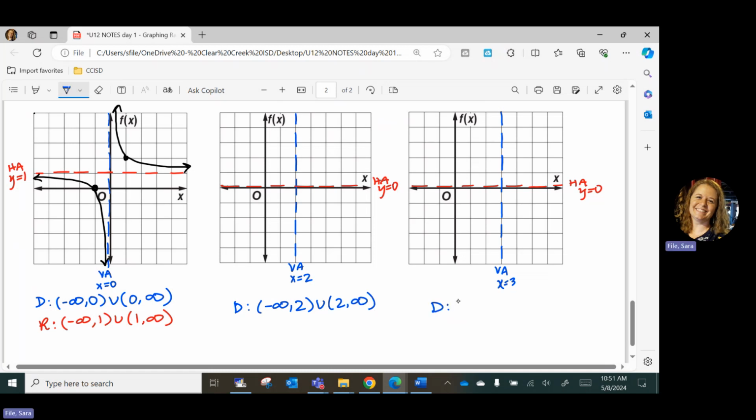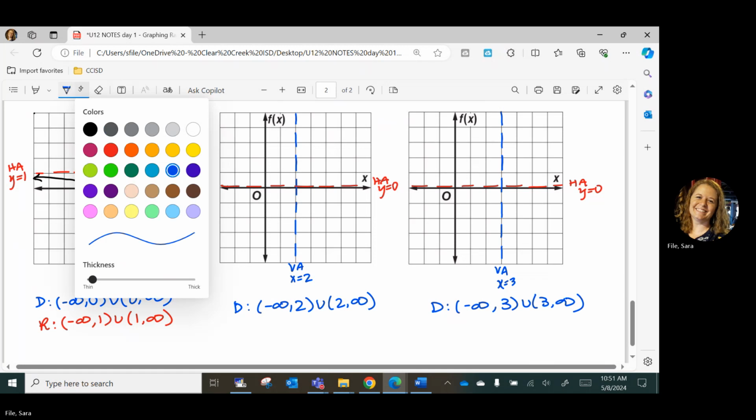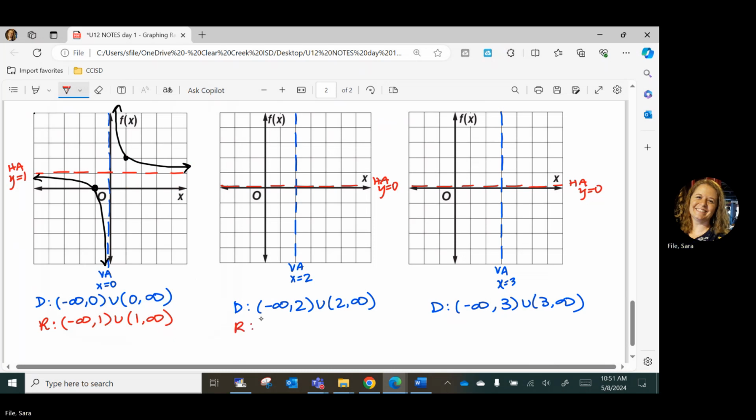Here that break is at 3. Same thing for the range. Here that break is at 0. Same thing here at 0.